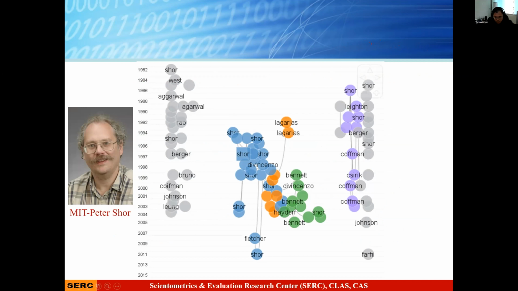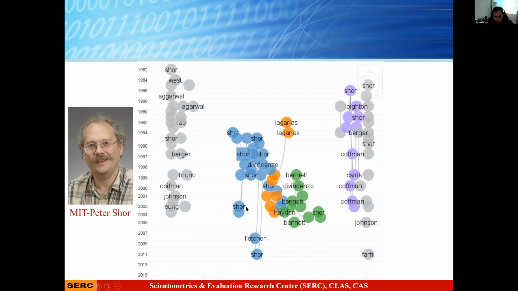And using this map, we can see Peter Shor's contribution to the field of quantum information science. This paper is the very key Shor algorithm. Then you can see he also did related work until recent years. He also has some other publications, but not as key a contribution to this field.